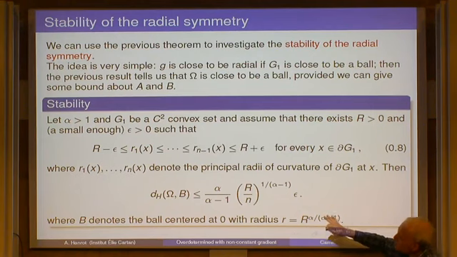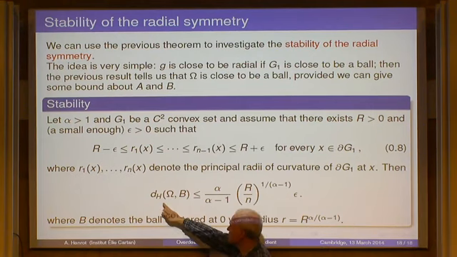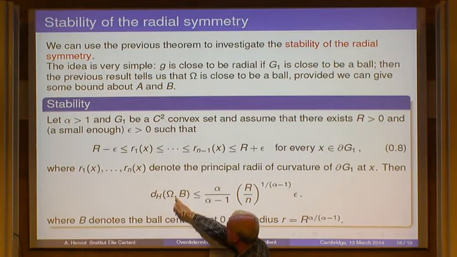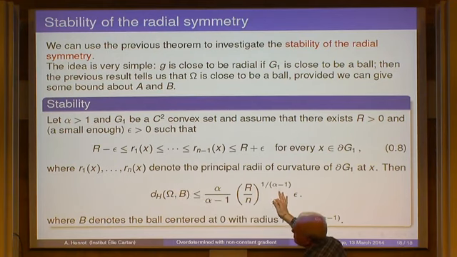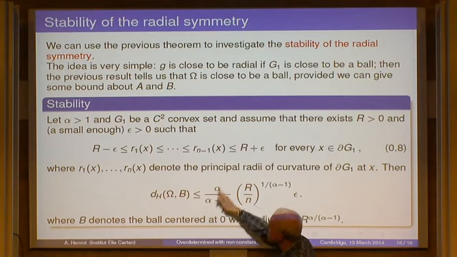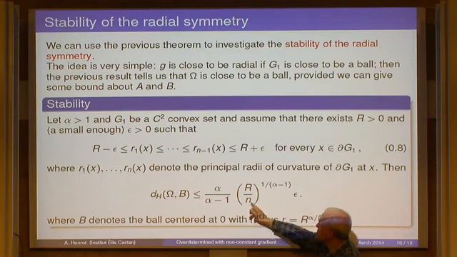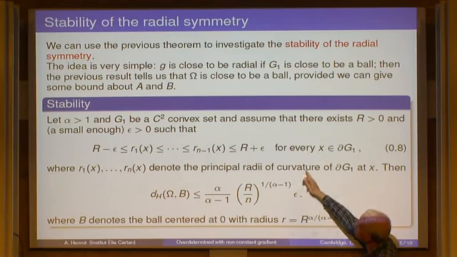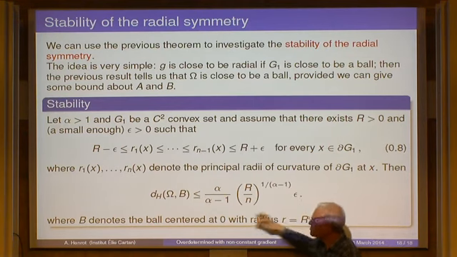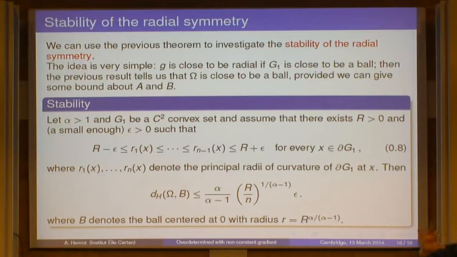Then I am able to say that the Hausdorff distance between the solution of my overdetermined problem and the ball of radius r is less than some constant depending explicitly on alpha, the homogeneity exponent, the radius, the dimension, and the epsilon which appears here. So basically the Hausdorff distance between omega and the ball is less than a constant times epsilon. So this is a new stability result in that context. And I will finish here. Thank you very much.